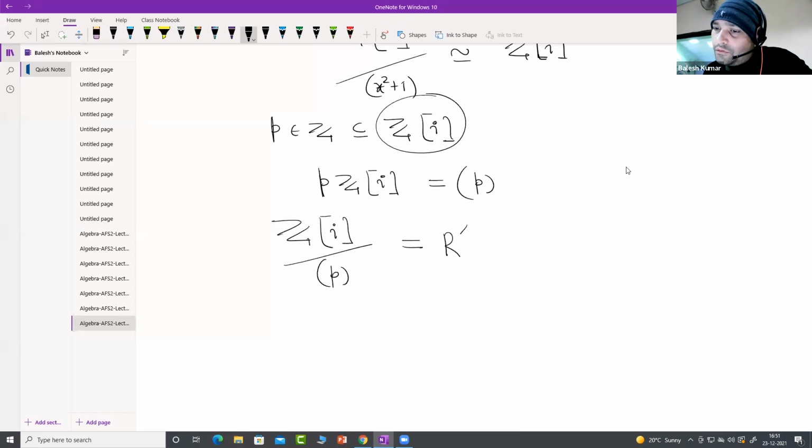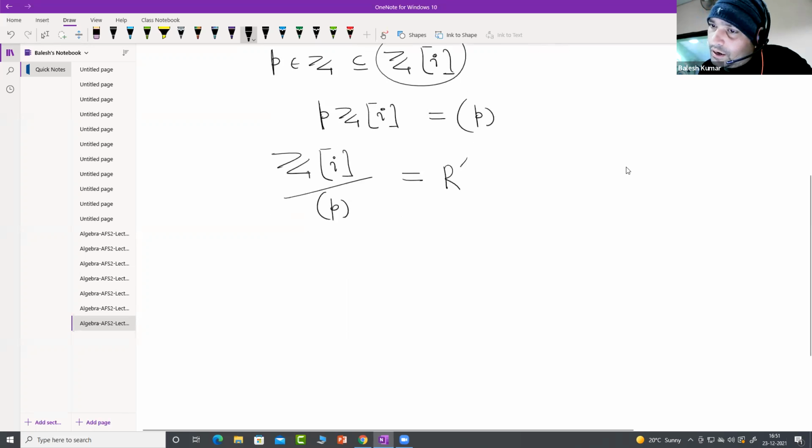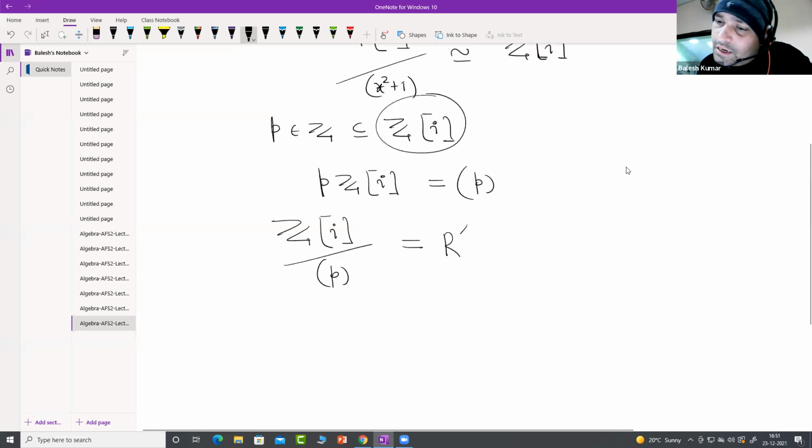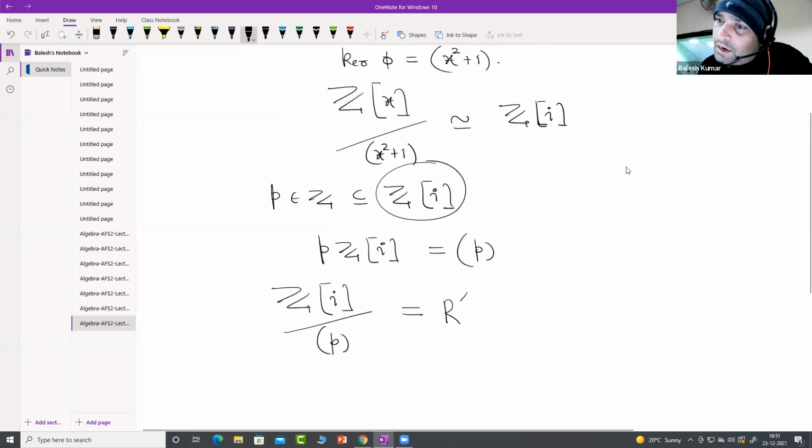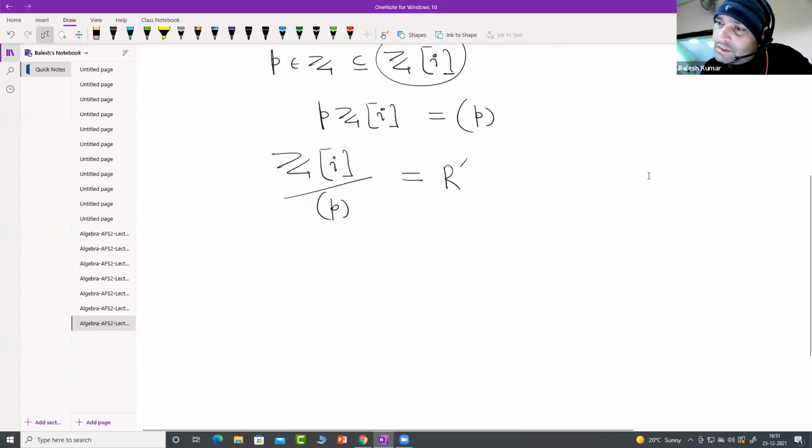What we see is that this ring R' is obtained as follows: if you identify Z[i] with the polynomial ring Z[x] modulo x squared plus 1, then R' is obtained by introducing two relations in the polynomial ring with integer coefficients.